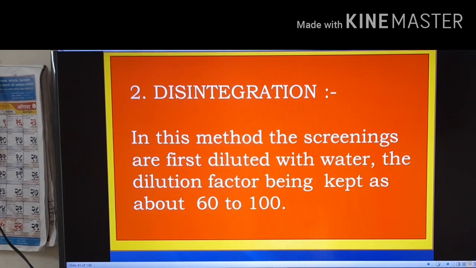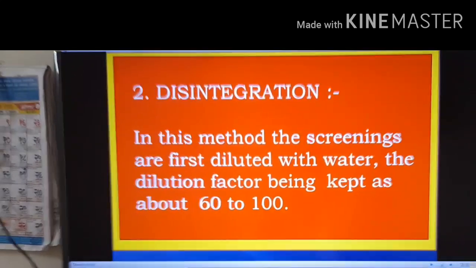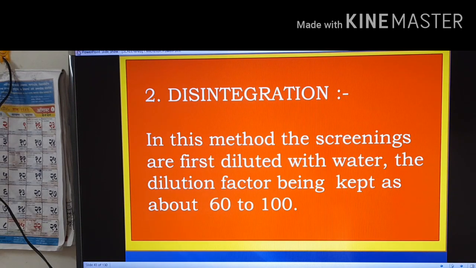Second, disintegration. In this method, the screenings are first diluted with water, the dilution factor being kept at about 60 to 100.